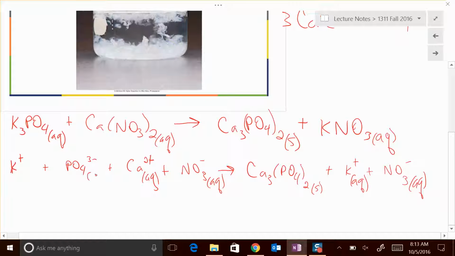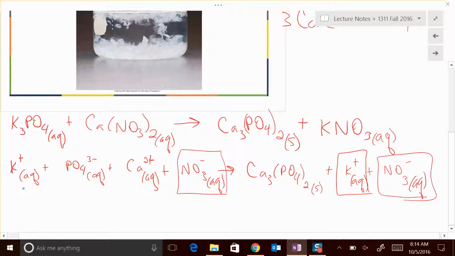And this is aqueous. So everything else is dissolved, okay? But now I have to check to see what's the same, okay? I have K pluses and NO3s on both sides of the equation. So I can eliminate those.